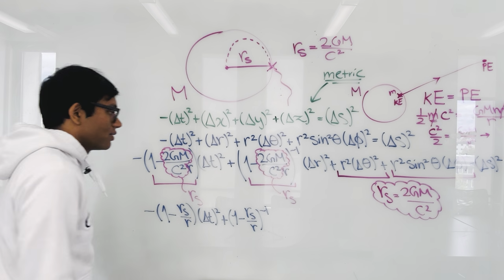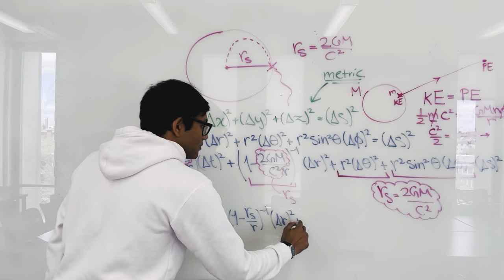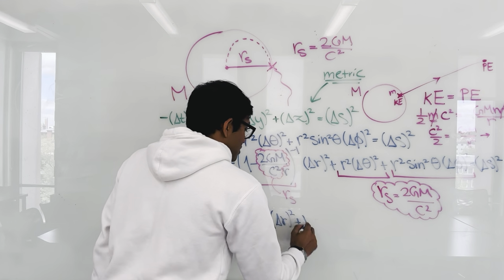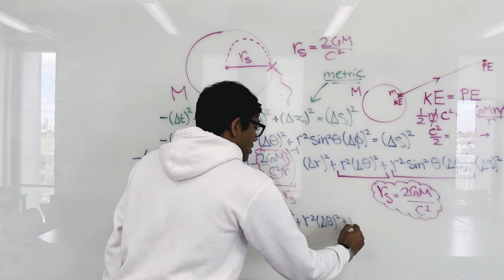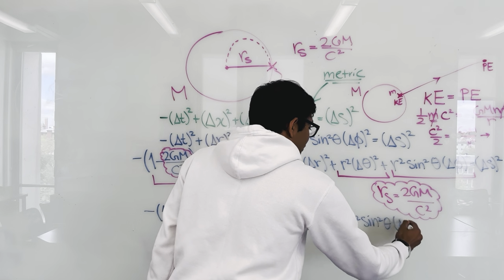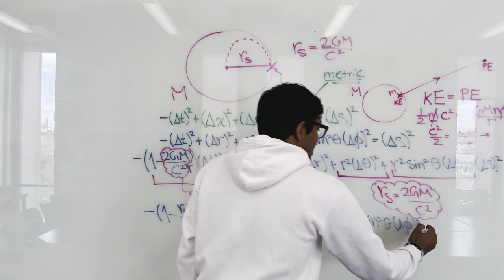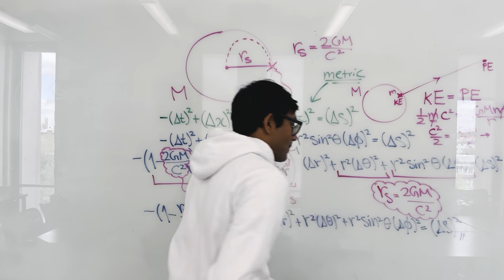Here there's no reciprocal. That's going to turn out to be very important, times delta r squared, plus your angular terms, r squared delta theta squared plus r squared sine squared theta delta phi squared, is equal to a tiny step in space-time around the black hole.